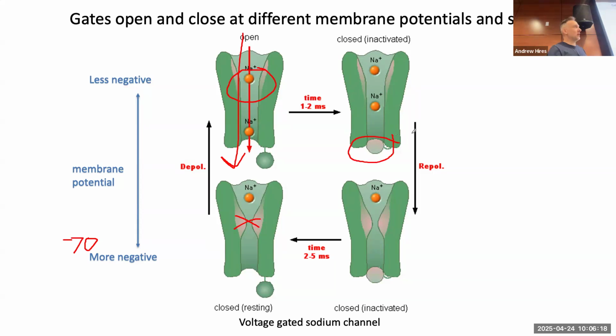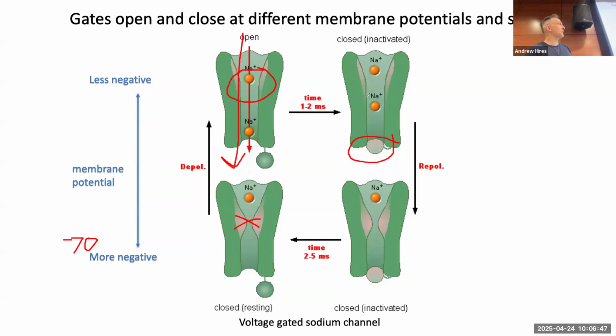So the inactivation gate likes to plug the hole when the membrane potential is high, whereas the activation gate will plug the pore when membrane potential is low. So in order to get the membrane potential high, we have to get a small depolarization that then triggers this positive response. Now this voltage gated channel opens up, ions flow for about a millisecond or so, and then the inactivation gate plugs the hole.